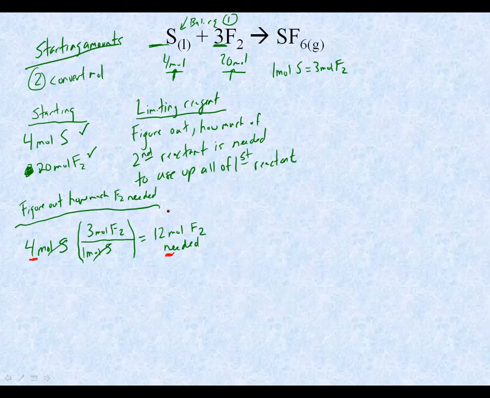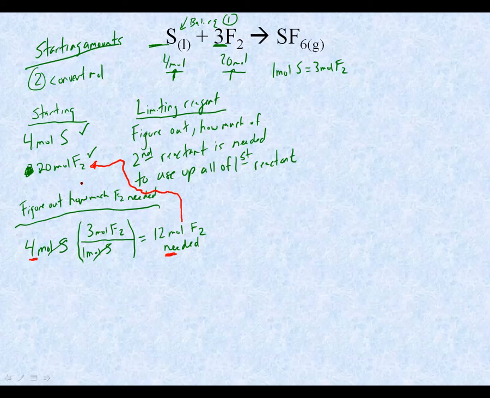Now, once you get the number, what you want to do is compare it to the starting amount of F2 that we started with in this problem. We started with 20 moles of F2. We just figured out that we need 12 moles of the F2 to use up all of the sulfur. So it's a very simple thing to compare. Is 12 less than or more than 20?